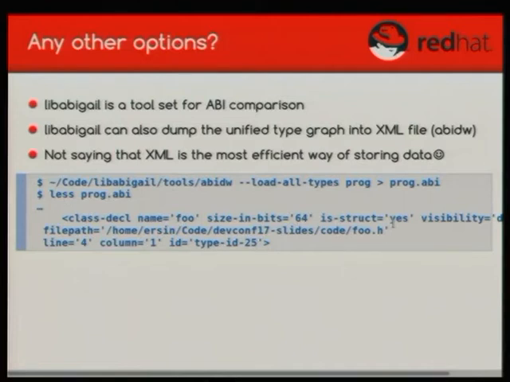What is interesting is how it works internally: it reads all the debug information sections into memory, in all these graphs for all the compilation units. But then it merges everything together, and it is more aggressive than what DWZ is doing, because for the ABI comparison you don't care about little tiny differences.